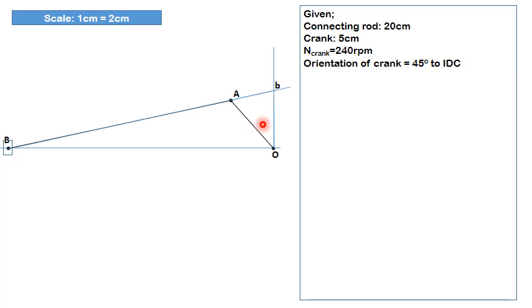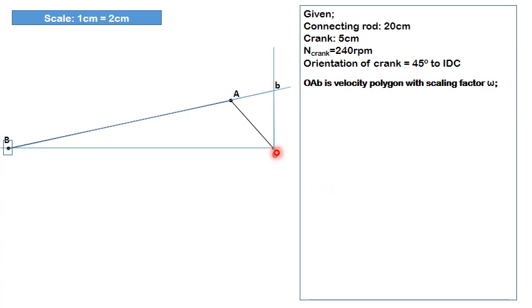Like in the problem statement, what is mentioned is you need to determine the piston velocity. So piston velocity is going to be indicated by the length of OB. As I told, OAB is velocity polygon, and for Klein's construction method, you need to use this scaling factor omega.